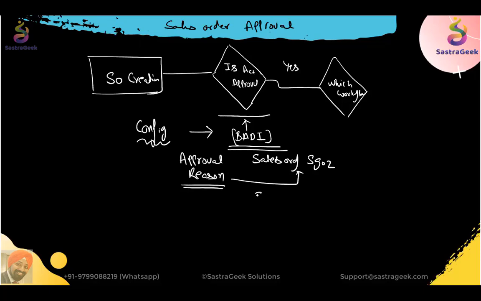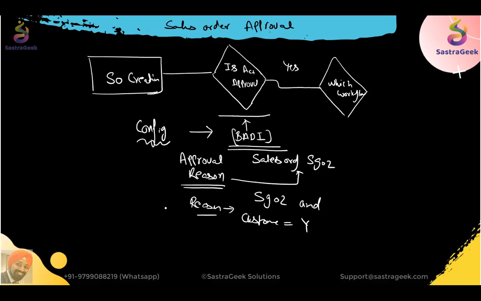Or you can say that if my sales organization is SG02 and my customer is Y, then I always need approval. So you can also add a reason because this combination needs to go ahead with the approval.